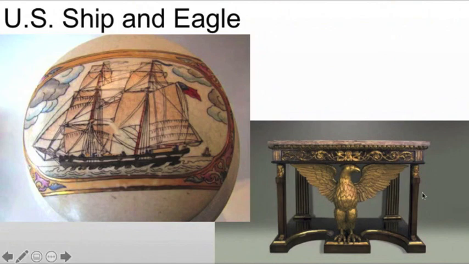The eagle, of course, being the national bird and tends to be seen a lot in American furniture and American neoclassical pieces, but we also see it associated with Napoleon because the eagle was associated with ancient Rome and the Roman Empire. So we see those associations as well. It takes on different meaning whether you're looking at an American example or a French example.